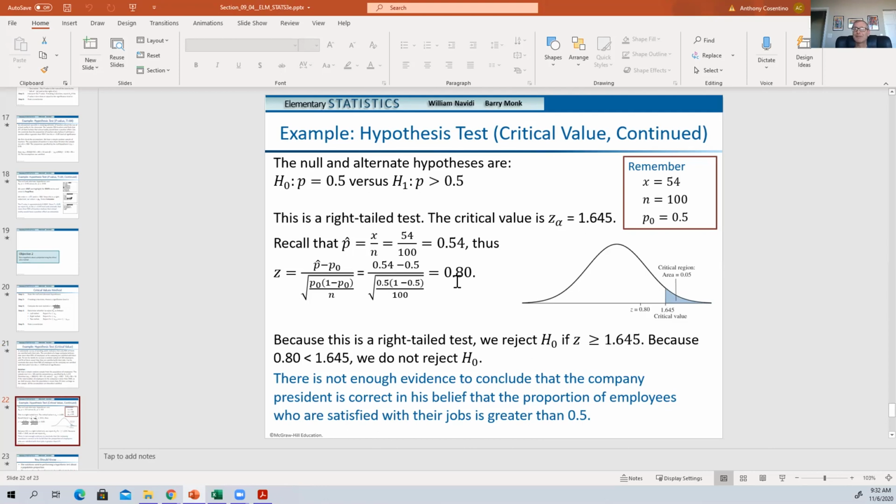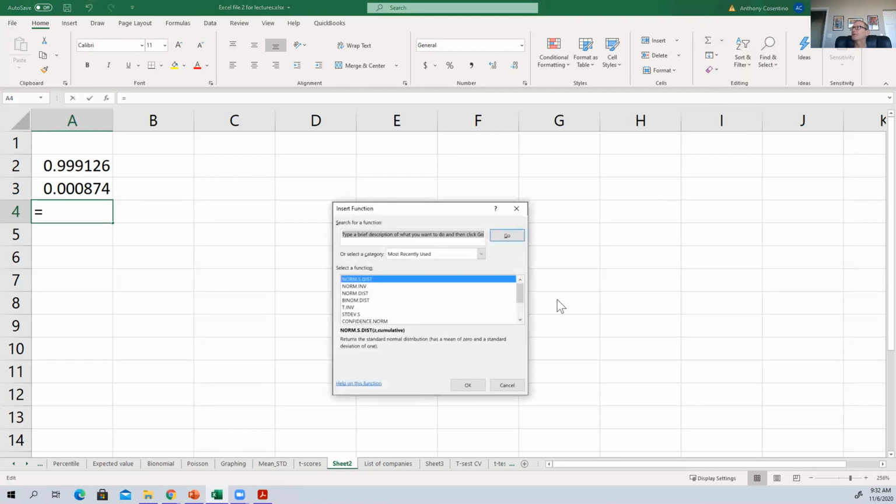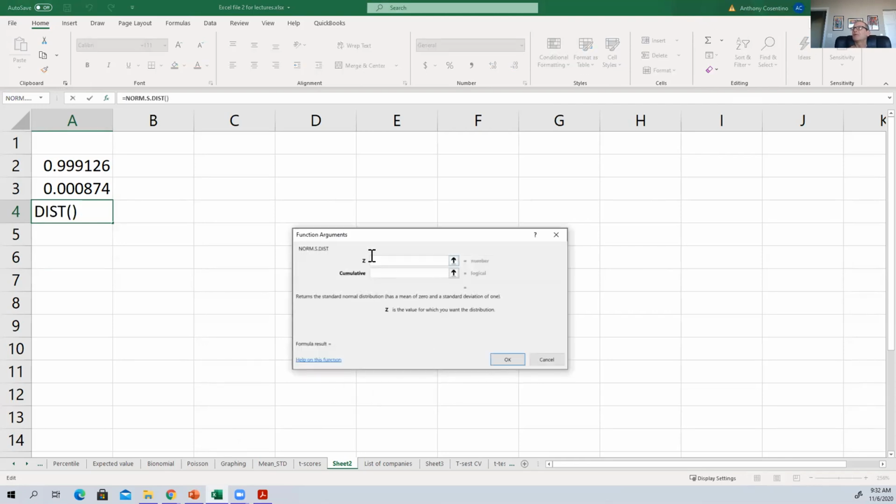So the question is, if you were doing the p-value test, right? How would you do the p-value test? Well, if we go back to our spreadsheet calculation, remember if we do 0.8 for the z-score and pull out NORM.S.DIST, you would plug in 0.8 and TRUE.